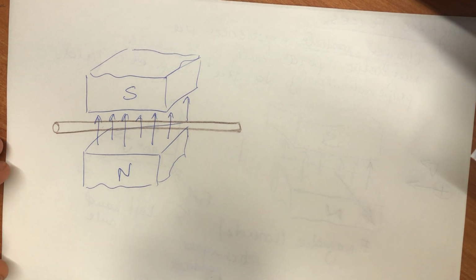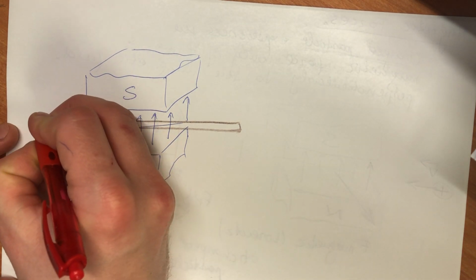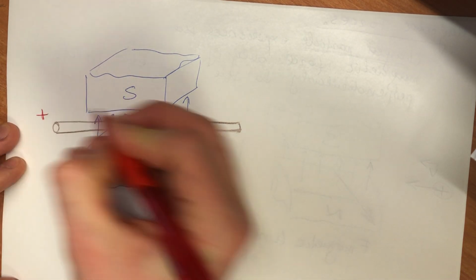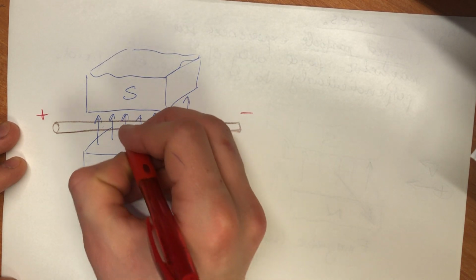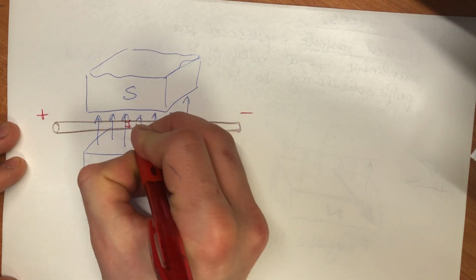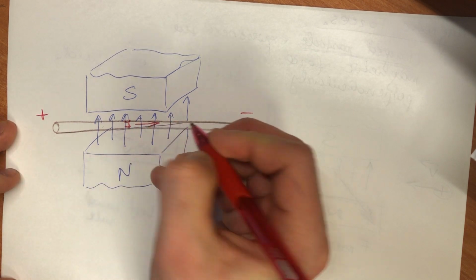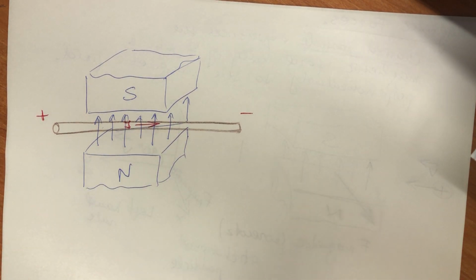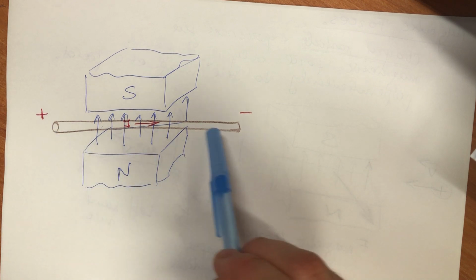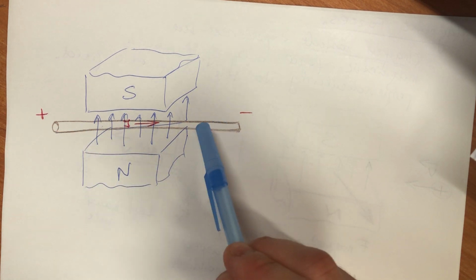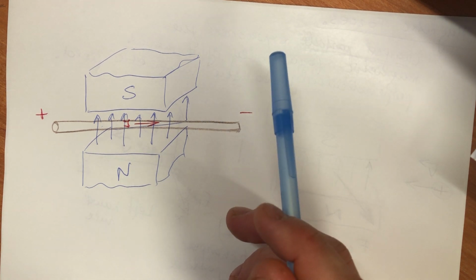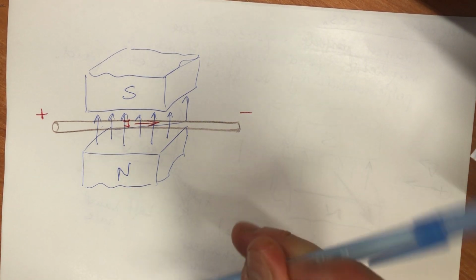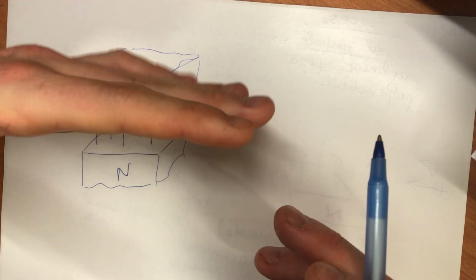The current is going in which direction? The current is going from plus to minus, so the current is going in this direction. So imagine a charged particle going in this direction. Again, we apply the left hand rule.